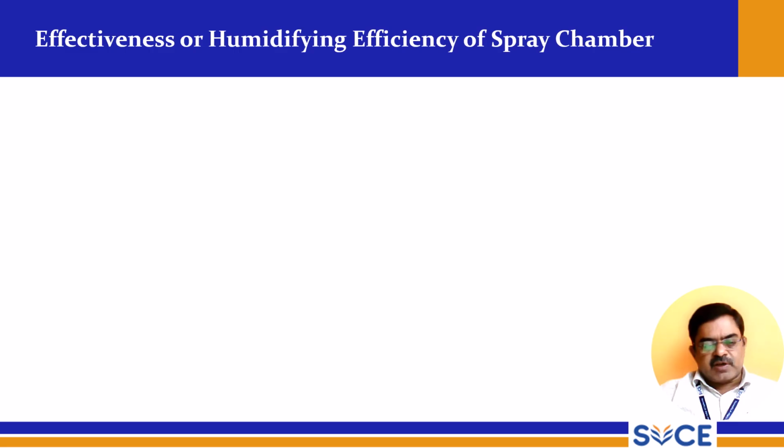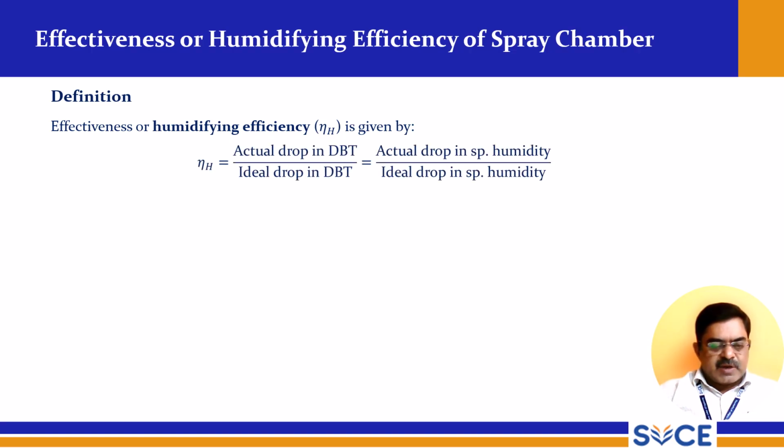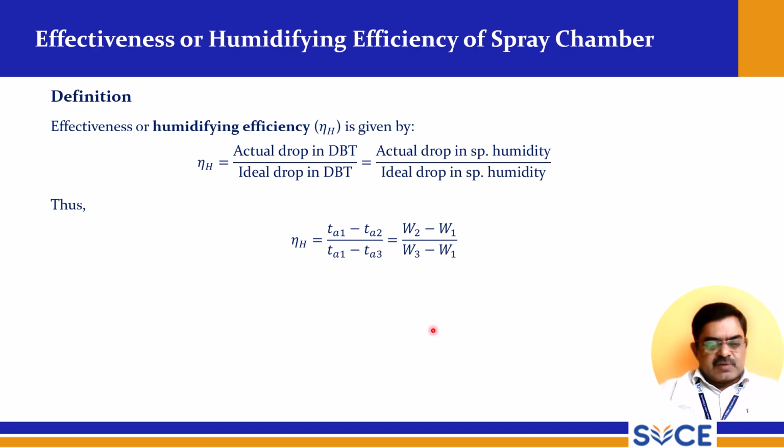Effectiveness or humidifying efficiency of the spray chamber. The definition is very simple. It is given by the actual drop in dry bulb temperature divided by the ideal drop in dry bulb temperature, which equals the actual drop in specific humidity divided by the ideal drop in specific humidity. So the efficiency of humidification equals (W1 minus W2) divided by (W3 minus W1).